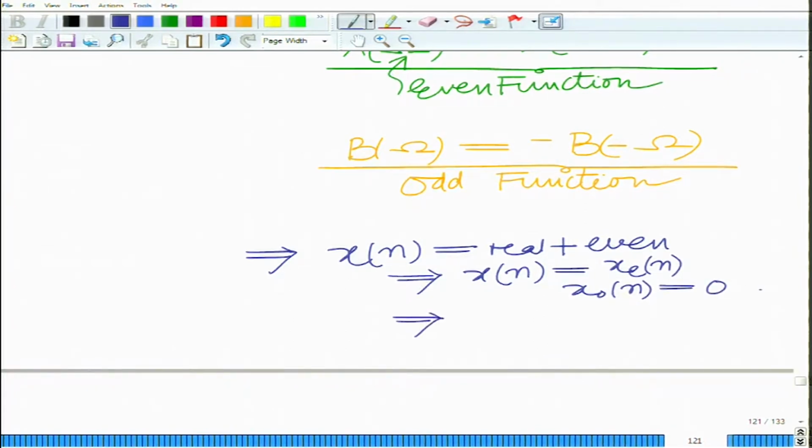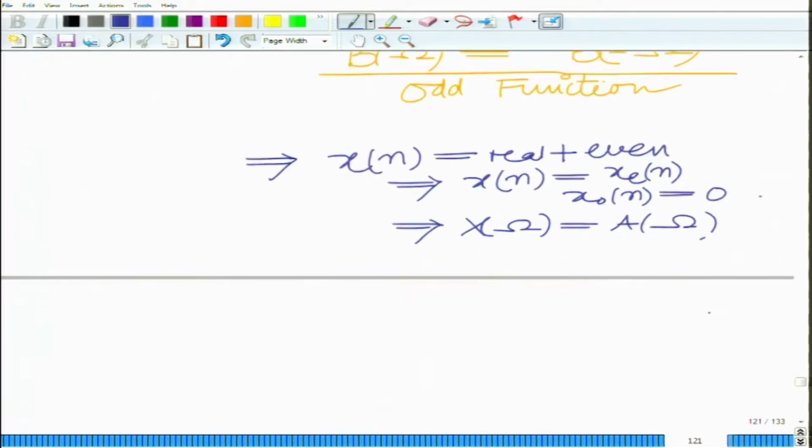So this implies X(omega) equals A(omega), which is basically real and even. So for a real and even signal, the corresponding DTFT is also real and even. On the other hand, if the signal is real and odd, now look at the other case.